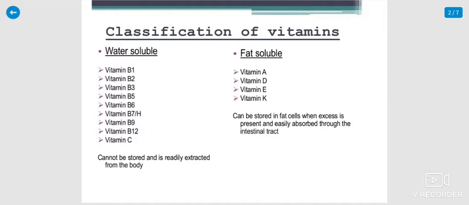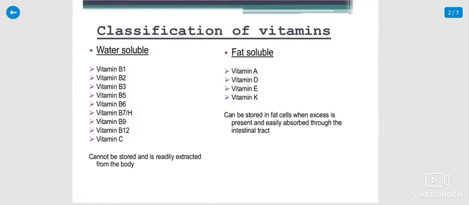These are all vitamins soluble in water. They cannot be stored in our body and are easily extracted from the body.